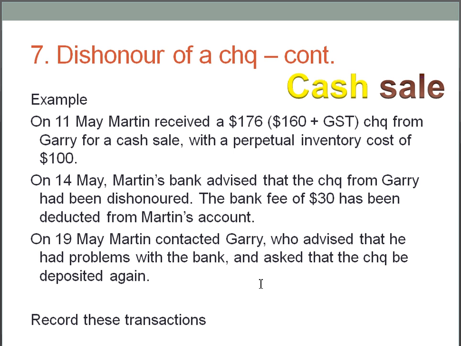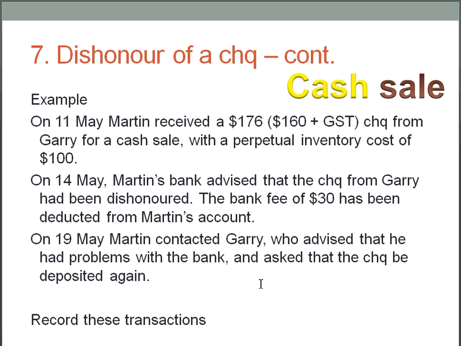Now it's very interesting what the bank does. Imagine Martin takes the check to the bank expecting to have some money. A couple of days later, the bank returns the check to Martin and says that the funds were not available or some other problems were with the check, and the bank charges a fee of $30, $40 or whatever it is dollars.